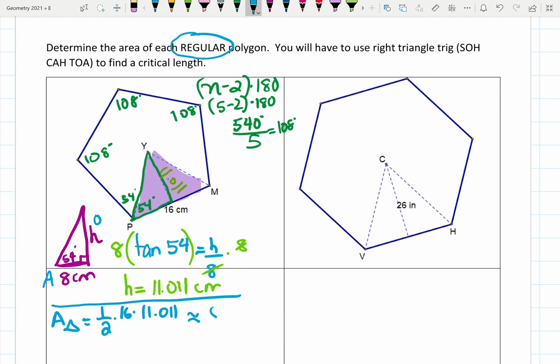I get 88.088 square centimeters for the area of that one triangle.